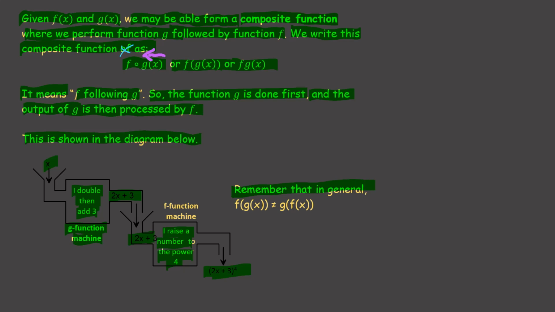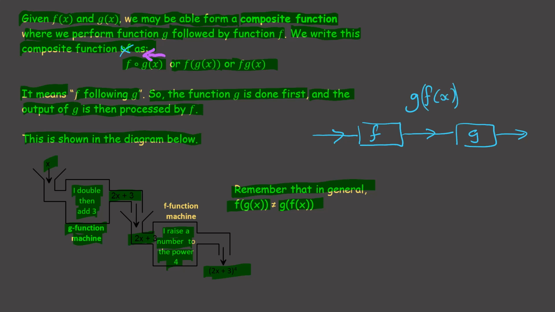Remember that in general, f of g of x is not equal to g of f of x, and we can show that with the very one that we've just had. So let's go into f first, and then go into g afterwards. This one would be known as g of f of x, because we're doing the f first. x goes in there, I raise a number to the power 4, x to the power 4.